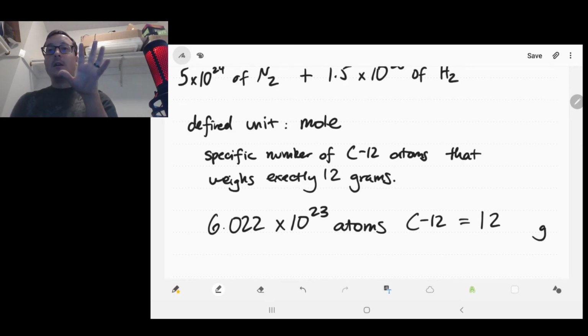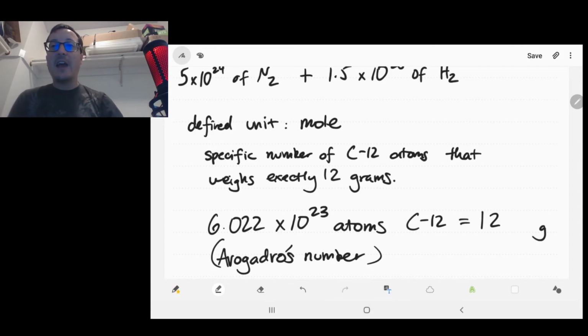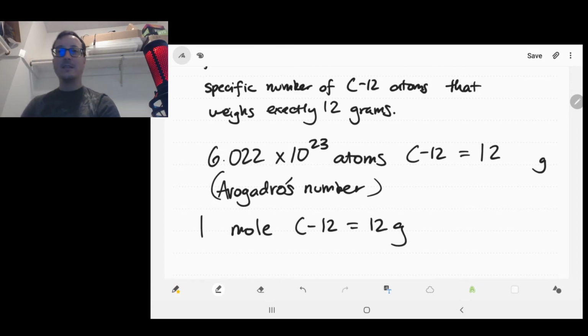So it turns out that this magic number, which we call Avogadro's number after the scientist, that number of atoms of carbon-12 is equal to 12 grams. So, using some fancy calculations. Often, though, we don't actually use this number. It's kind of a little bit crazy, right? So what we say is 1 mole of carbon-12 equals 12 grams. And that's a little bit easier.